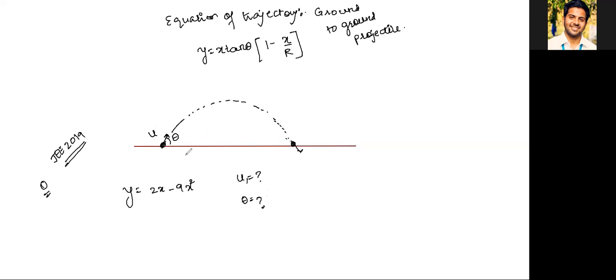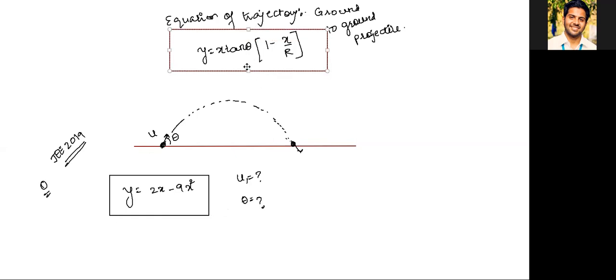So have a look. You will compare this given equation with the equation which we already know. Here, this is the equation which we all know, that y is equal to x tan theta times of 1 minus x by R. So try seeing, can you bring the given equation y is equal to 2x minus 9x square in a similar format as this?